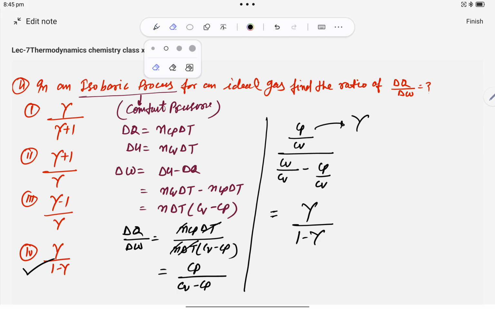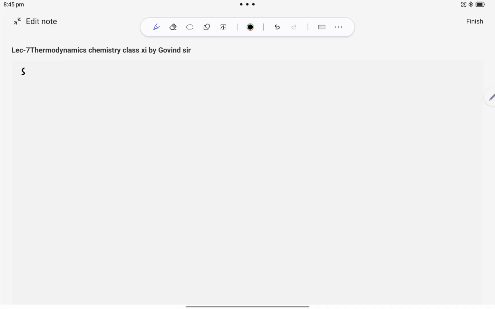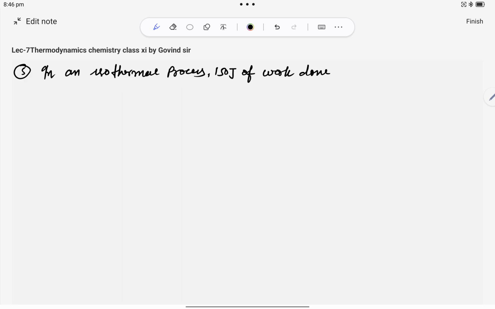Next, question number 5. In an isothermal process, 150 joule of work is done on an ideal gas.